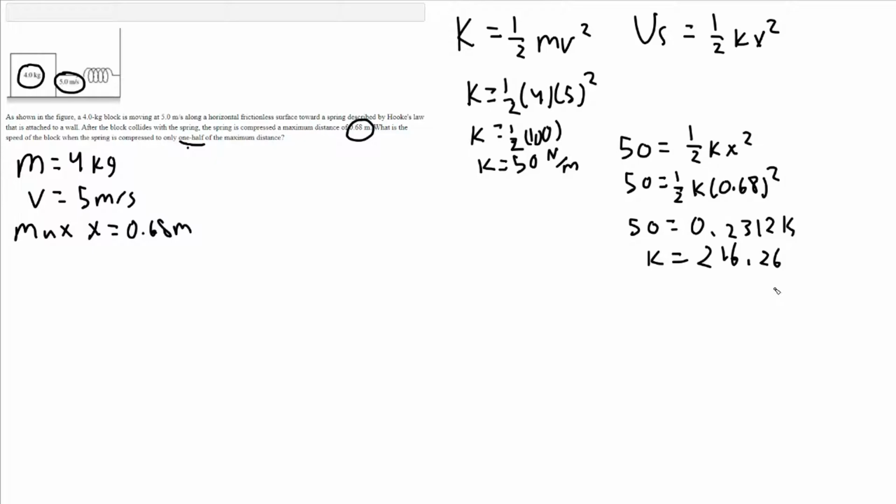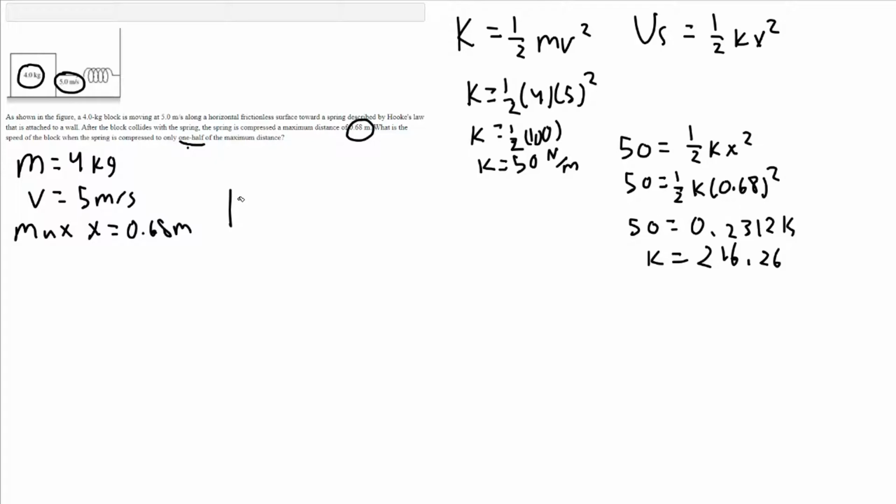So you might wonder why that's so big, but if you plug it back into this original equation, it should also equal 50. I'm going to test that right now, just for proof. So 216.26 times 0.68 squared divided by 2, 1/2, is equal to 49.99, which is 50. And this is due to the law of energy conservation.